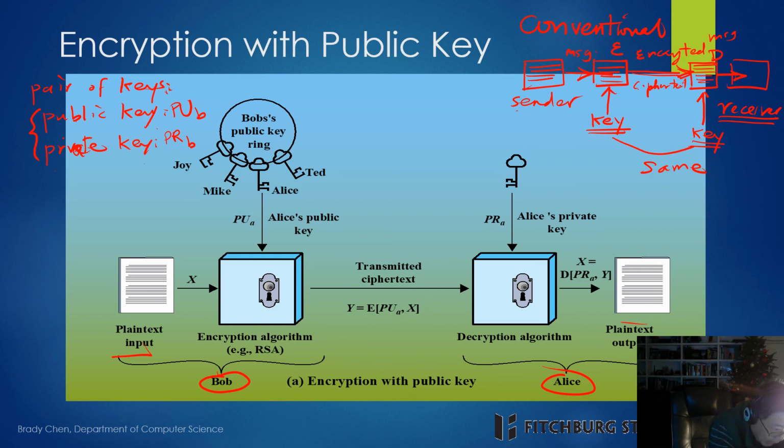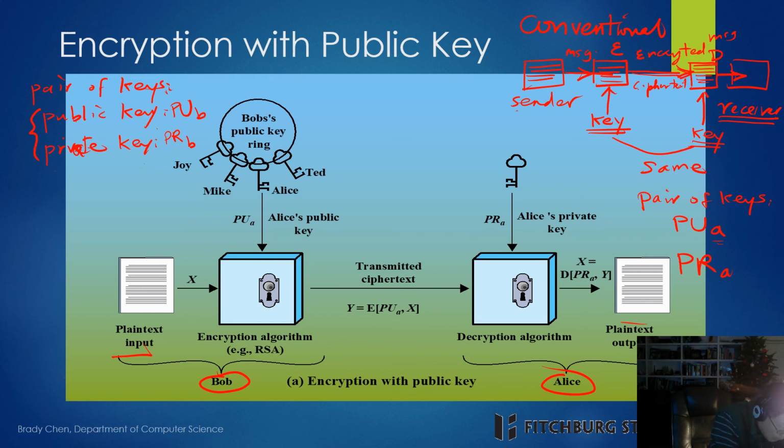On the other side, we have Alice. Alice is also going to create her pair of keys. That includes the public key, PU_A, for Alice, and PR_A, the private key for Alice.